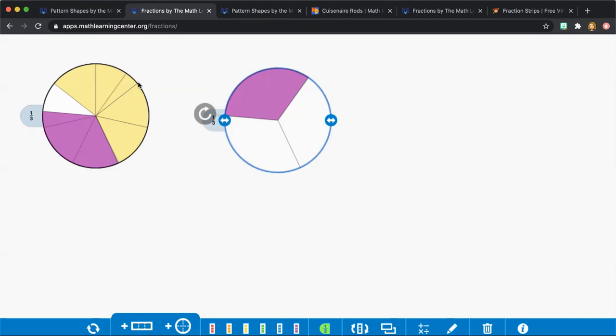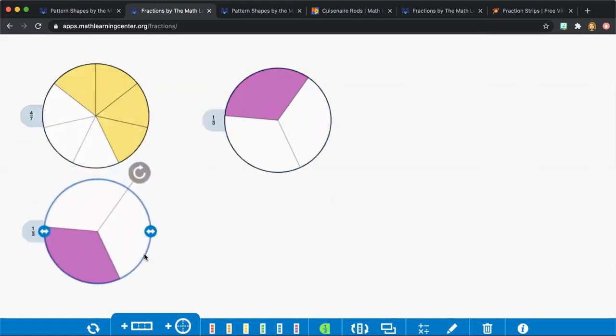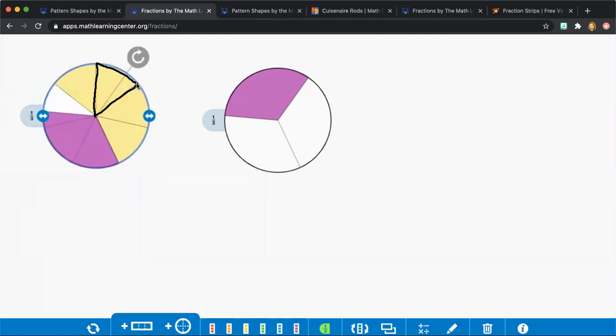Or maybe you can think about it now that I just compared, right? If we see here, this is my seventh. I'm going to outline it. And now I'm going to overlay the third. And so you see this line right here, right? We're going to line that up. And so what's happening to that seventh here?